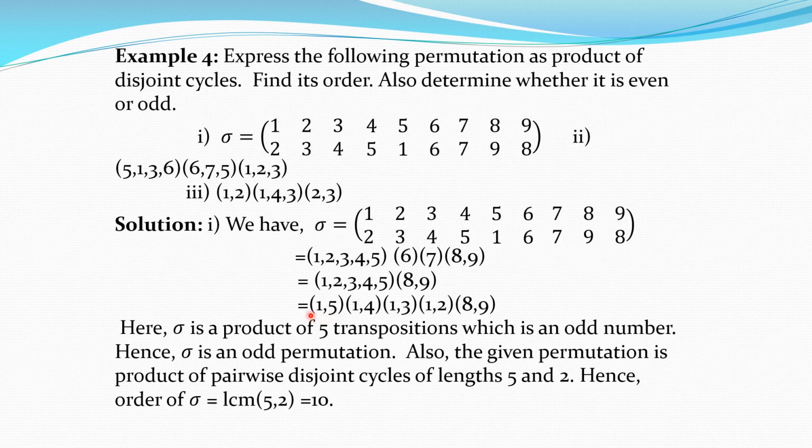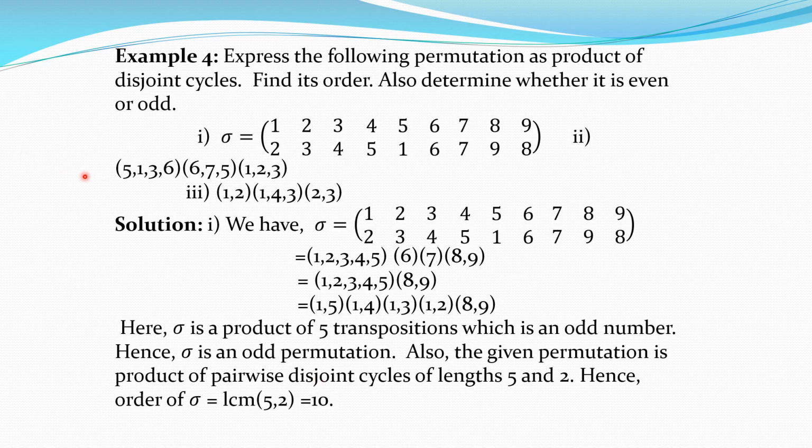So instead of considering this final part, we consider the previous step where we expressed sigma as a product of disjoint cycles. Here it is a cycle of length 5 and here it is a cycle of length 2. So, as it is a product of disjoint cycles of lengths 5 and 2, its order is the LCM of 5 and 2, which is 10. So, the order of sigma is 10.